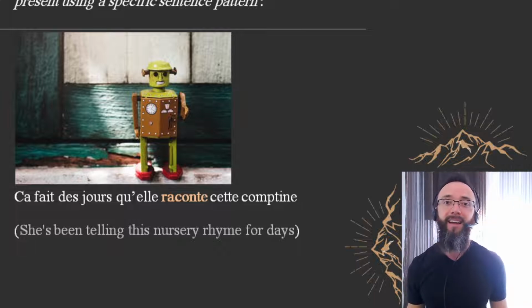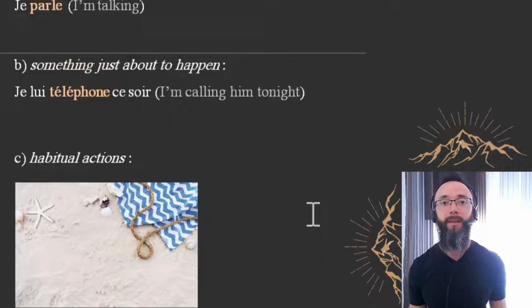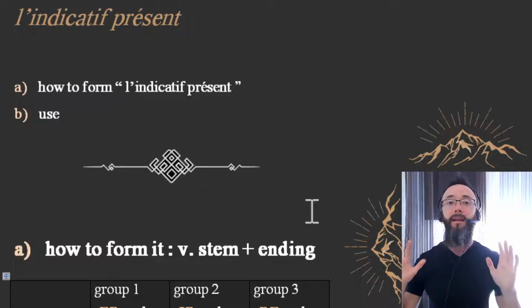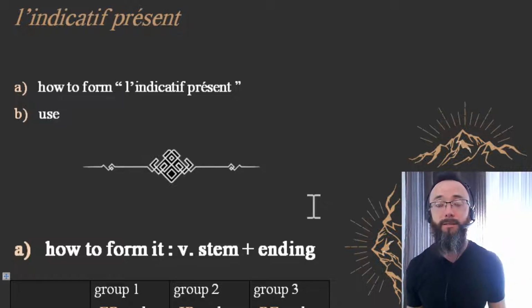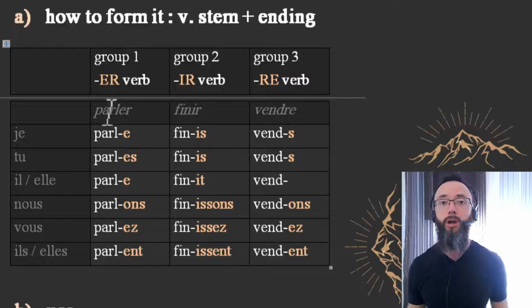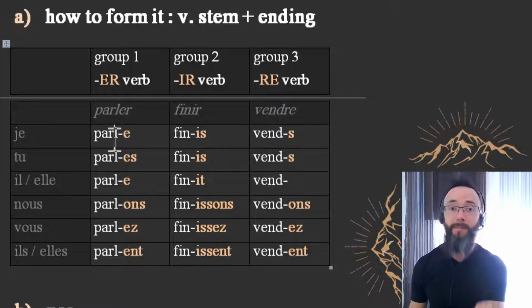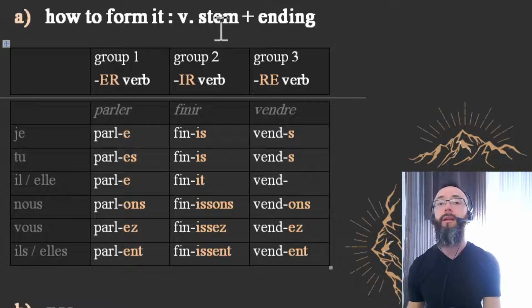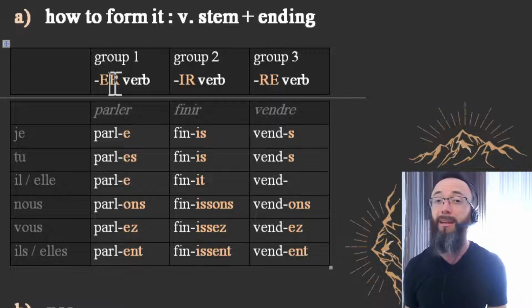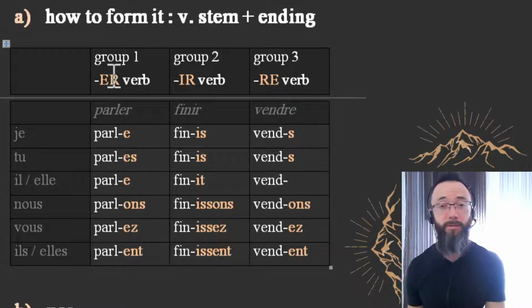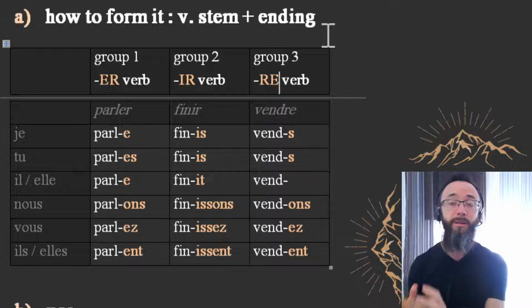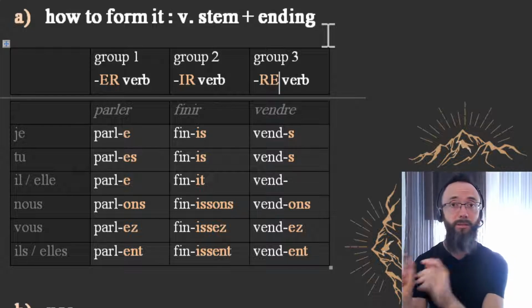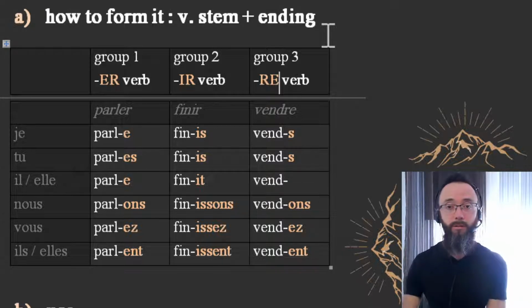So, have we got that straight? That in order to form the present tense of the indicative mode in French, we need to take the verb stem, meaning we remove the last two letters of the verb in a lot of situations, not all. Sorry about that. Group 3 verbs are more irregular, and sometimes it just doesn't work to take the last two letters and add the ending. But in a great deal of cases, it's going to work.